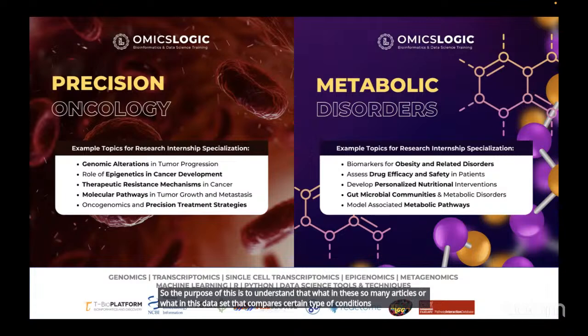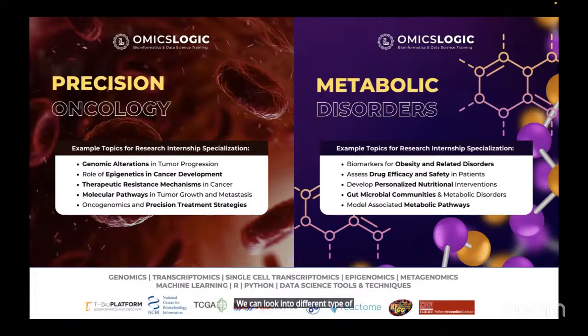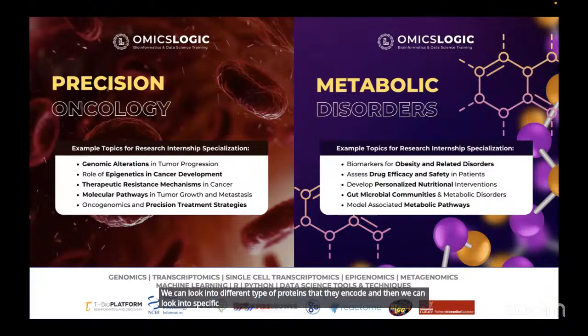we can find out different types of other pathways that are not being looked upon. We can look into different types of proteins that they encode, and then we can look into specific types of mutations that they form.